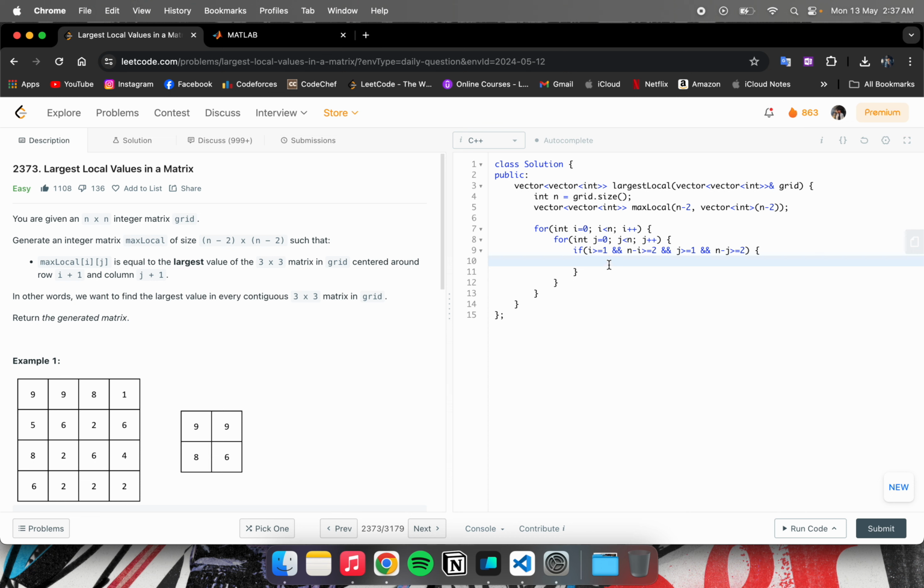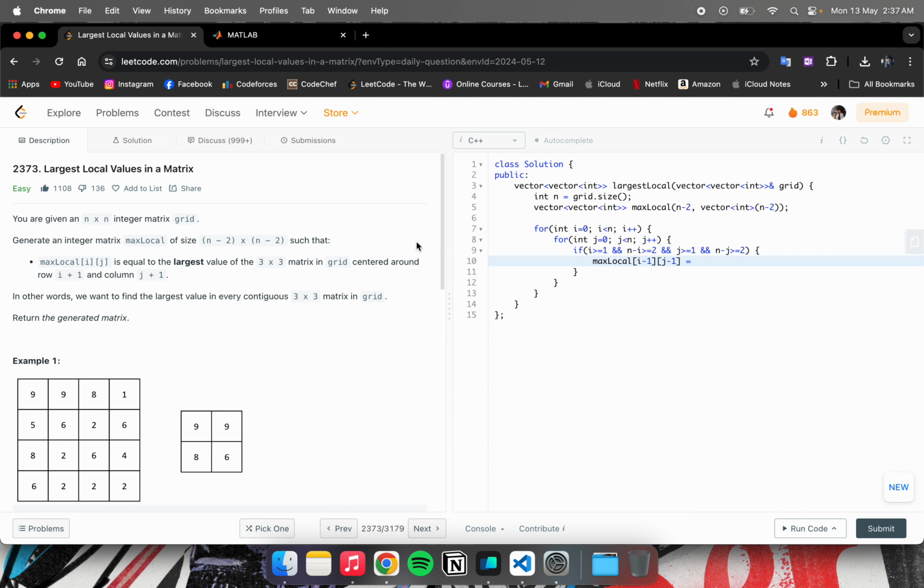So once I have that, I can say max local of i minus 1 comma j minus 1. Why am I doing this? Okay, sorry, it should be i plus 1 comma j plus 1, right? So yeah, anyways, okay, no, this should be i minus 1 j minus 1.